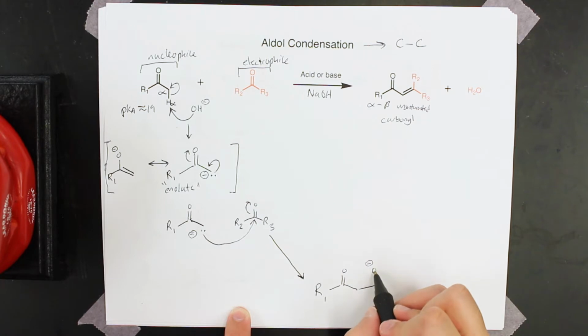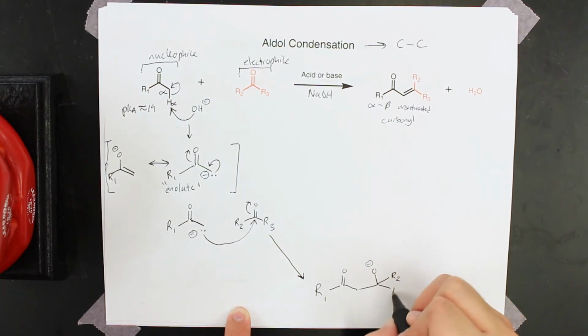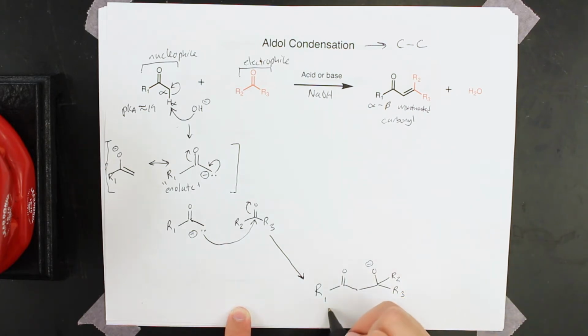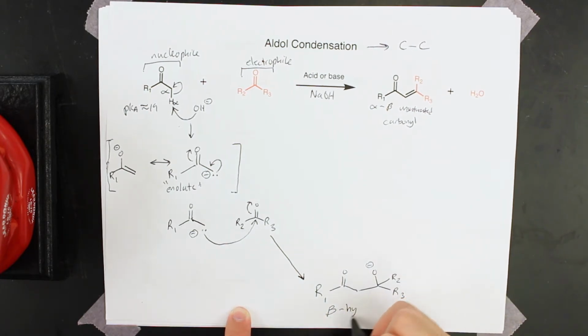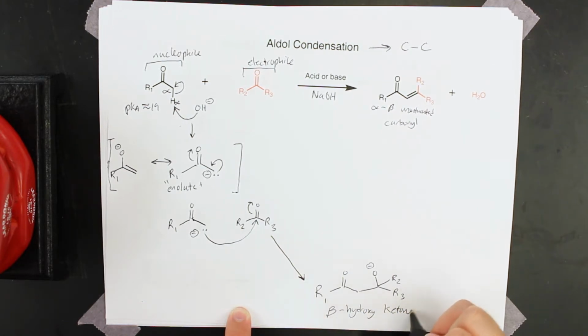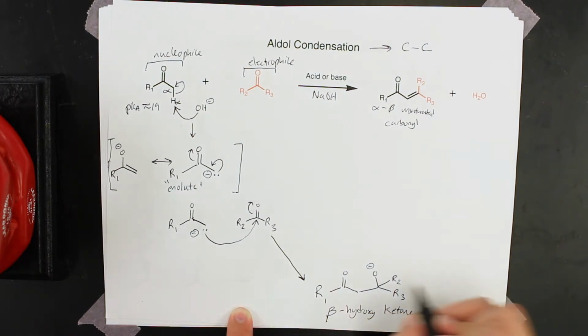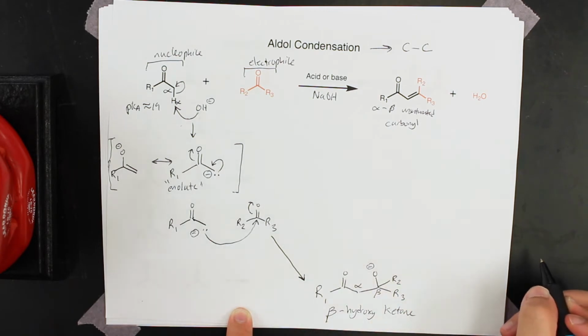This is now an alkoxide. Specifically, this is a beta hydroxy ketone, or aldehyde. In this example, it's a ketone. Where does that name come from? If this is the alpha carbon, this is the beta carbon.